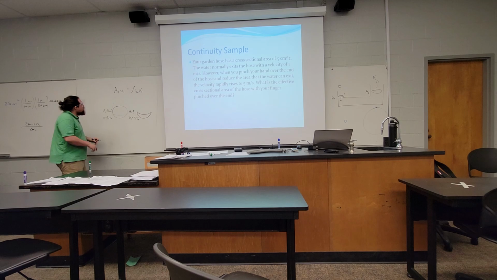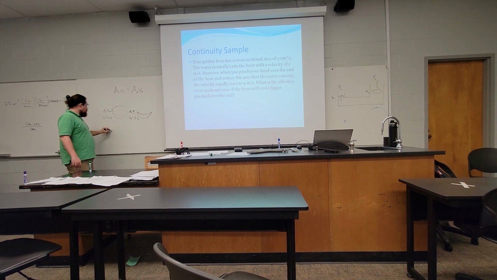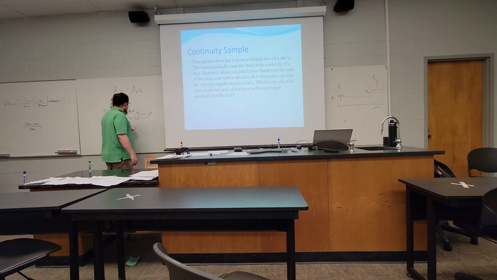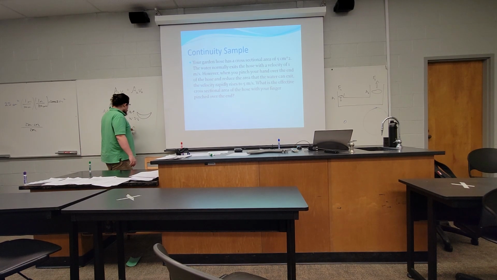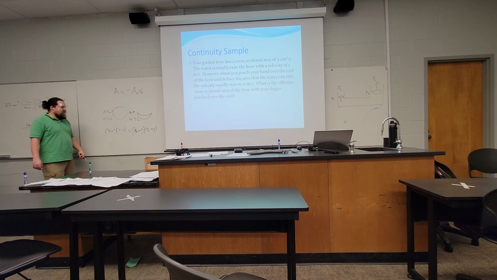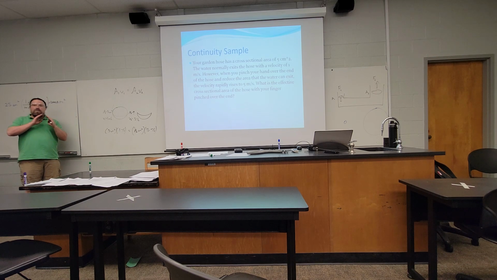All right. So using the formula, we'll put 5 centimeters squared and 1 meter per second on the left. That means we will get some unknown amount of centimeters squared on the right, along with the 5 meters per second we're going to plug in for velocity. Again, this only works as long as every unit matches right to left.